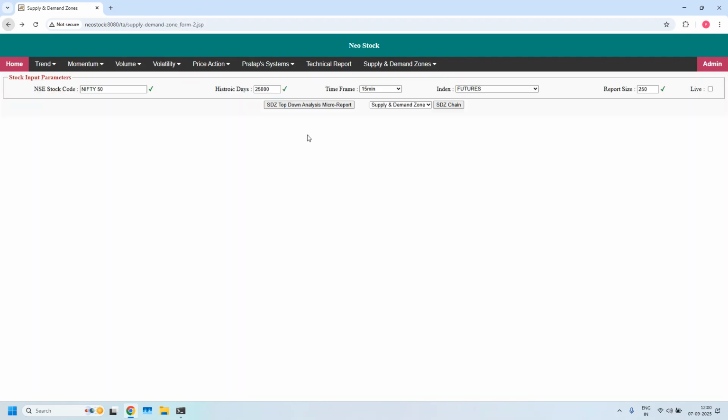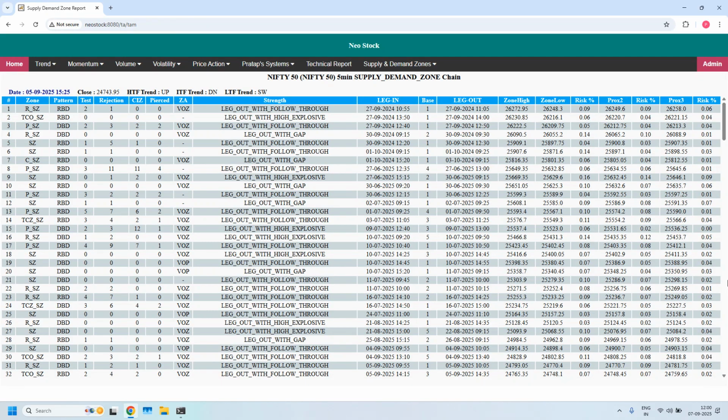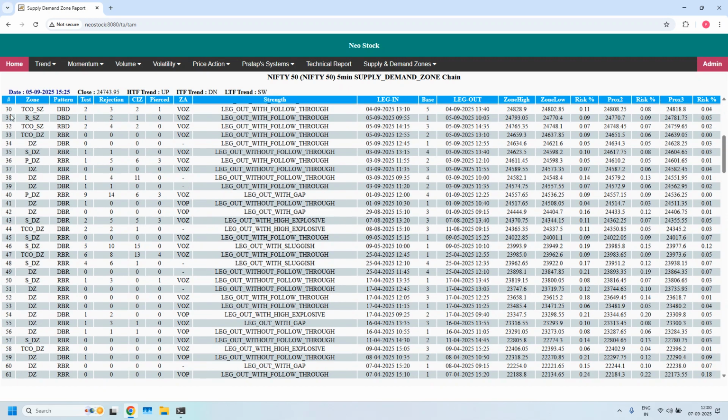Okay, next, generating 5 minutes supply demand zone chain for NIFTY. All are supply zones. Scrolling the list down, and the nearest demand zone for the current closing price, serial number 33.